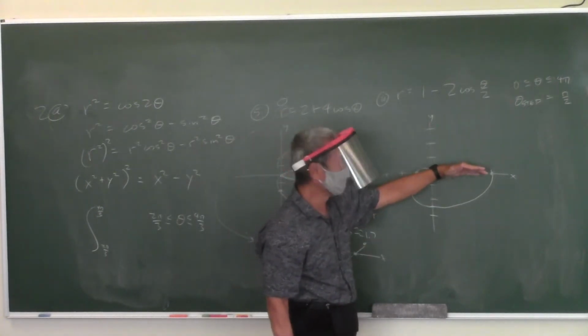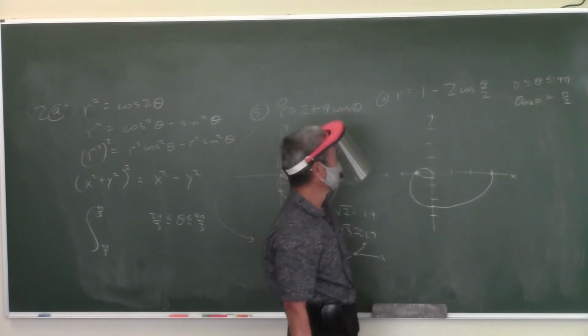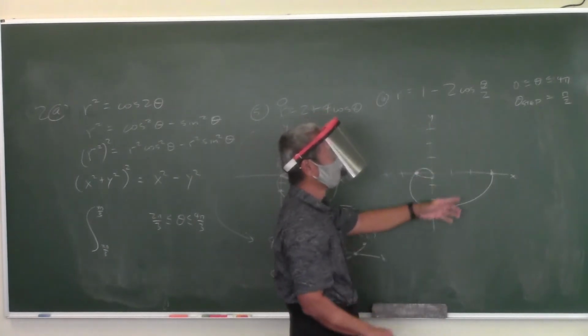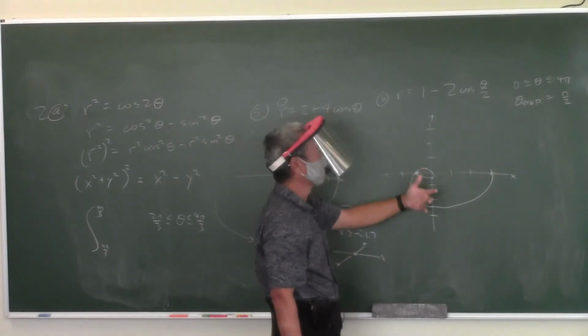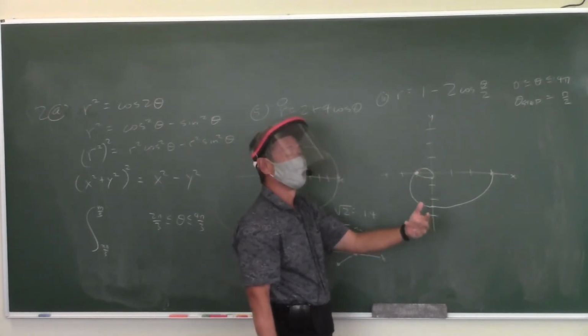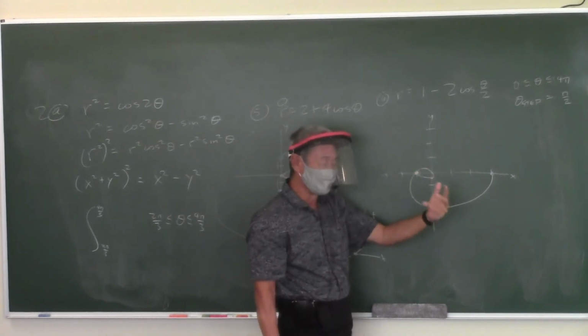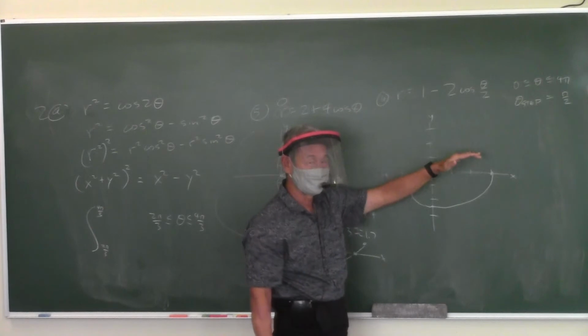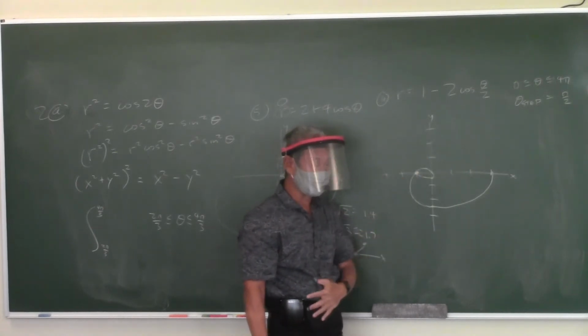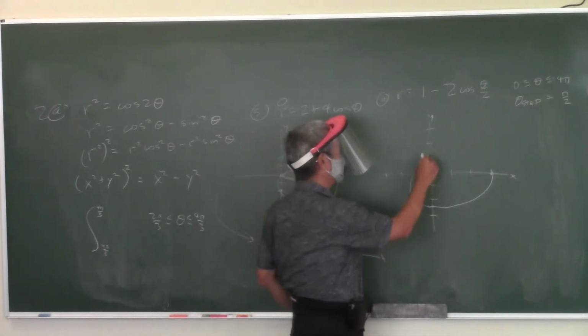Okay, we continue on. 5 pi over 2. What is 5 pi over 2 over 2? 5 pi over 4. Cosine it. Negative root 2 over 2. The 2's cancel out, so you get 1 plus root 2. So 1 plus 1.4, 2.4. So right there.